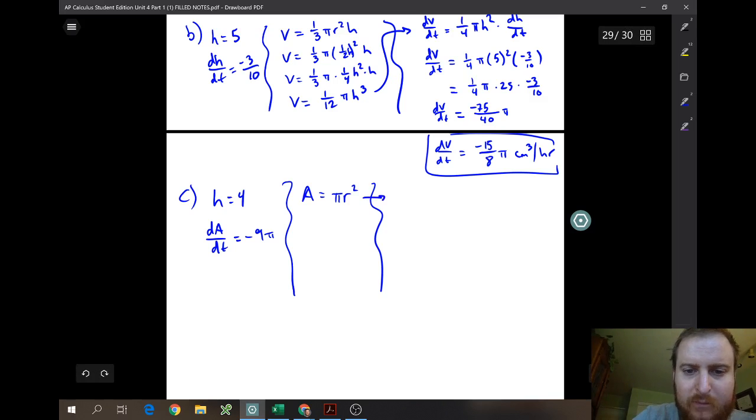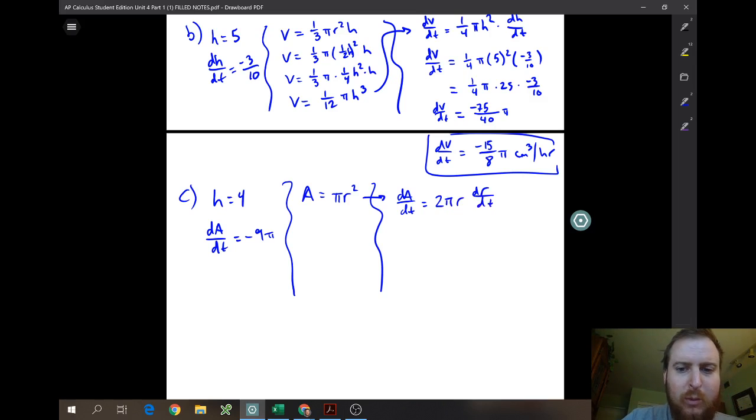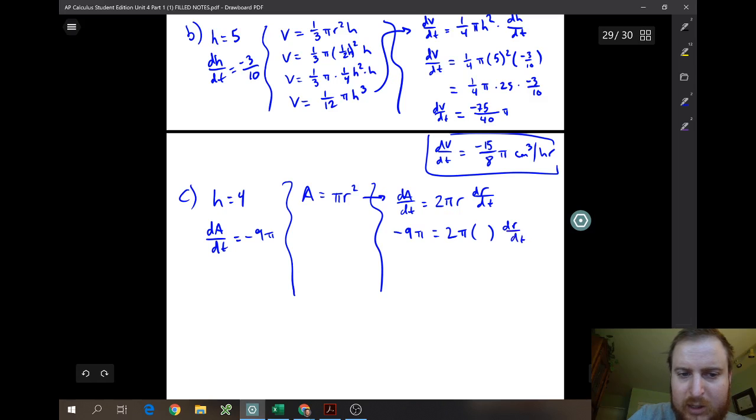So what's going to happen is this is going to give us dA dt equals 2 pi r dr dt. Initially you might be like, oh wait, we didn't even need the height, but we do need the height because when we start plugging in, we're going to get negative 9 pi equals 2 pi times radius, which we don't have, times dr dt. So we need this height of 4 to figure out what the radius is.